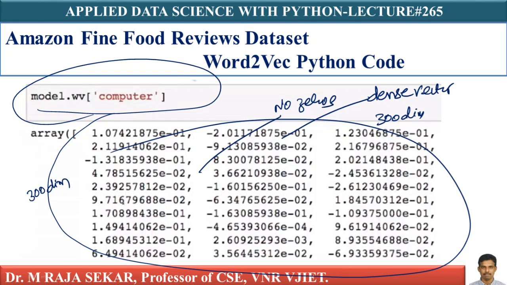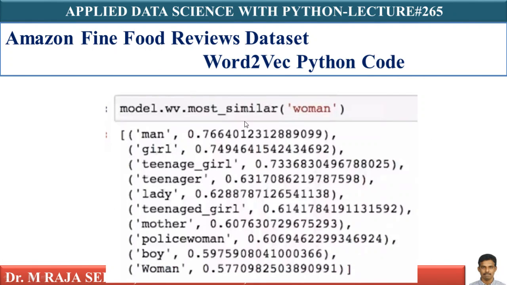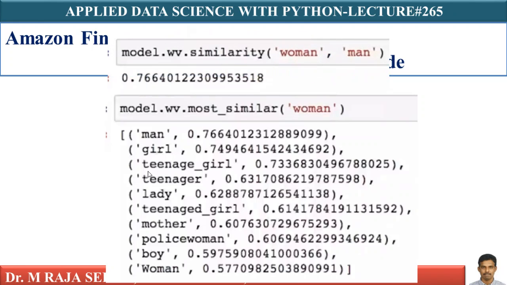Suppose I say model.wv.most_similar('woman'). This is a similarity function: which word is most similar to woman? Let me discuss this one first: model.wv.similarity('woman','man').